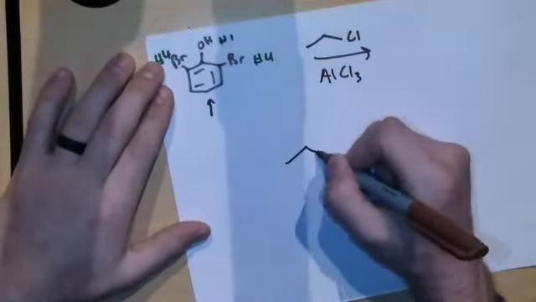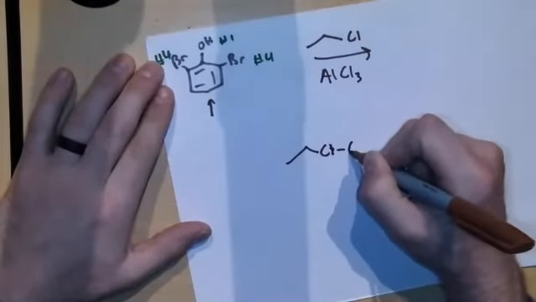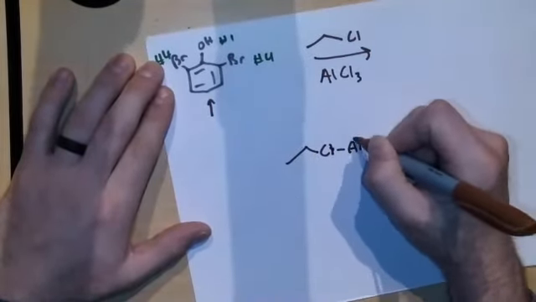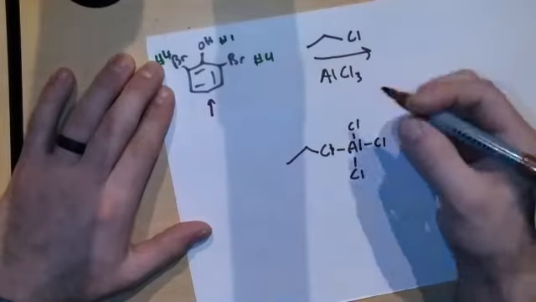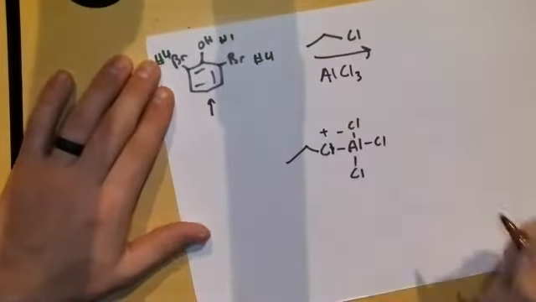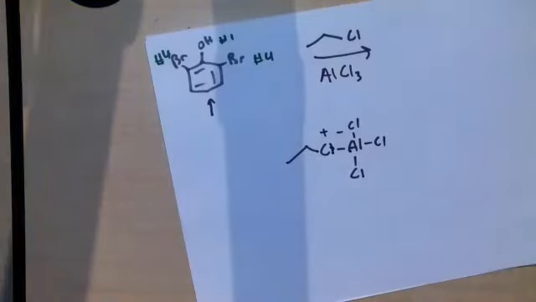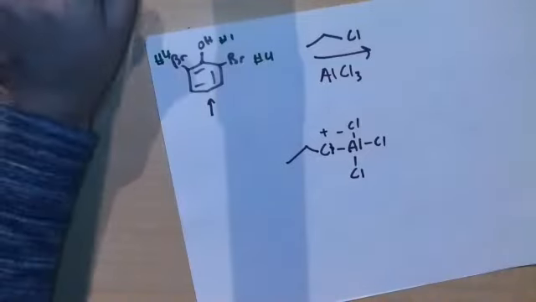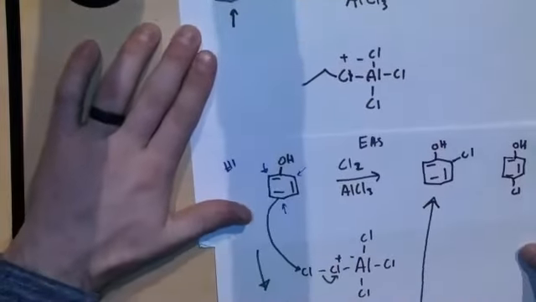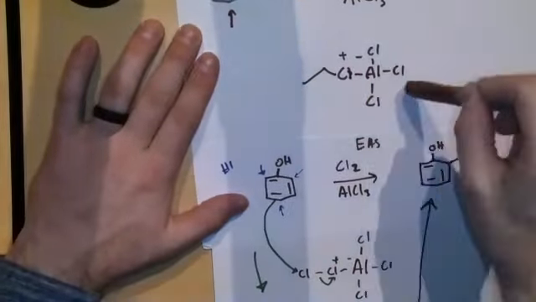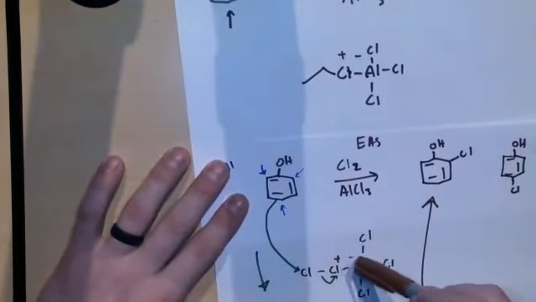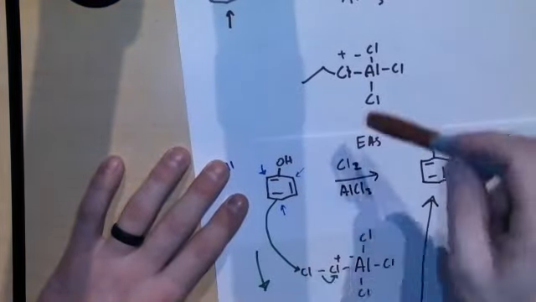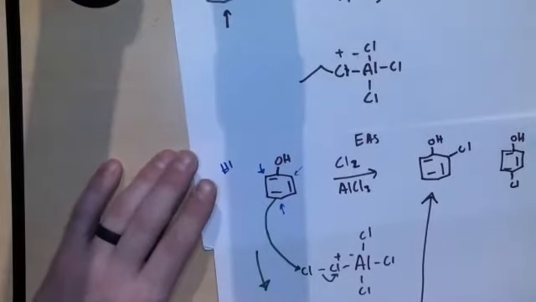So we're going to get something that looks like this. We want to compare this to our chlorine complex. We've got these 4 chlorines with an aluminum in the middle and then a carbon chain. You had 4 chlorines, aluminum in the middle with a chlorine on the end. So this alkyl group has essentially replaced that chlorine.